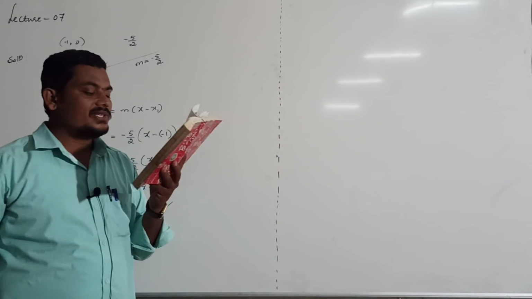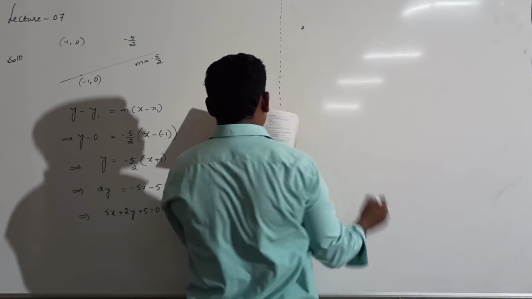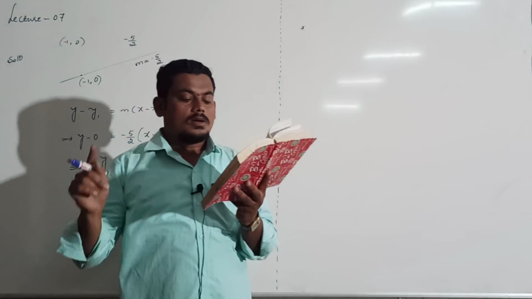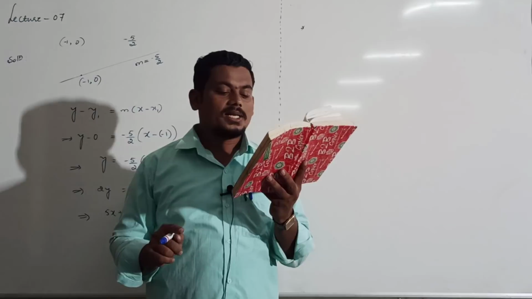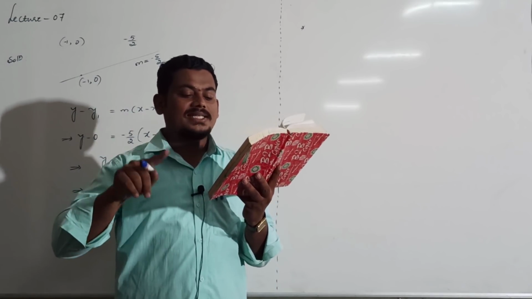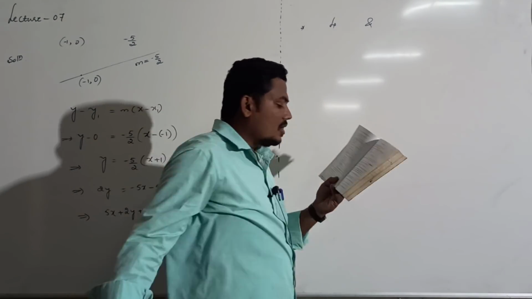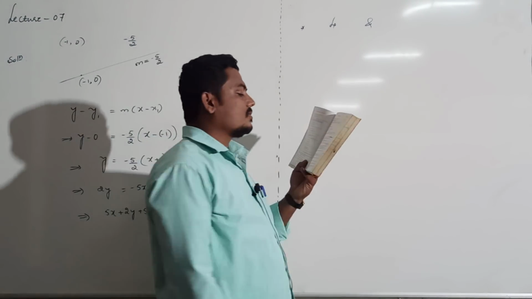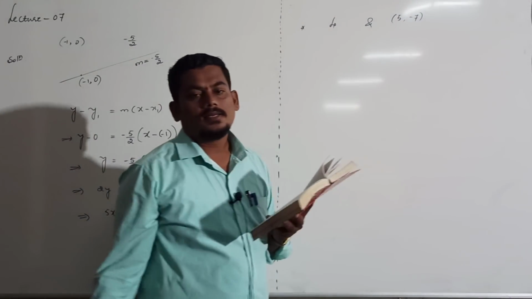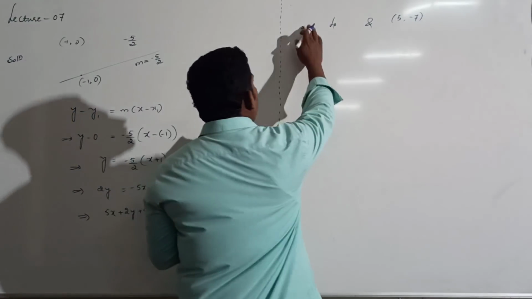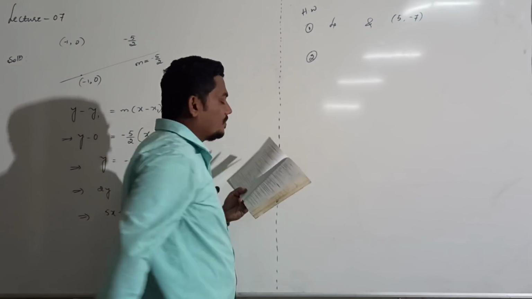Find the equation of a line whose slope is 4 and which passes through the point (5, -7), right? This is one question in that first one. And take one more problem.